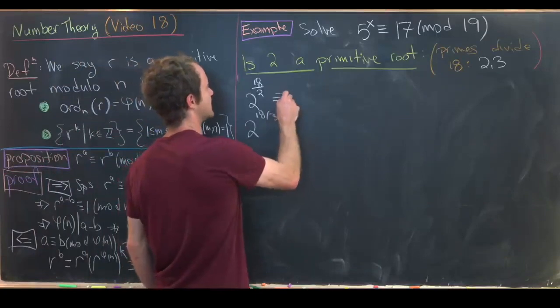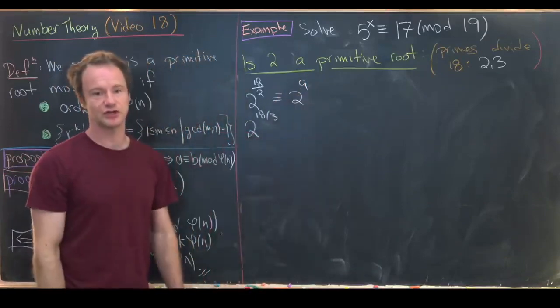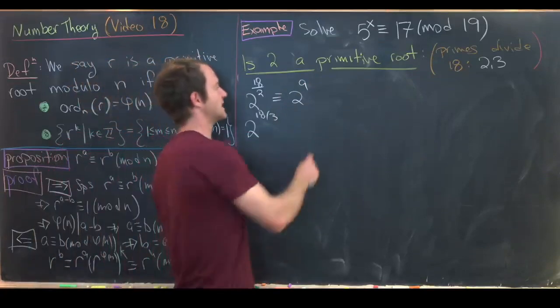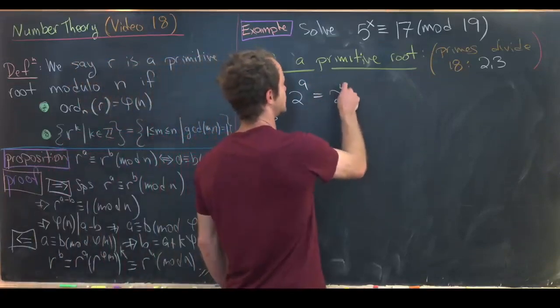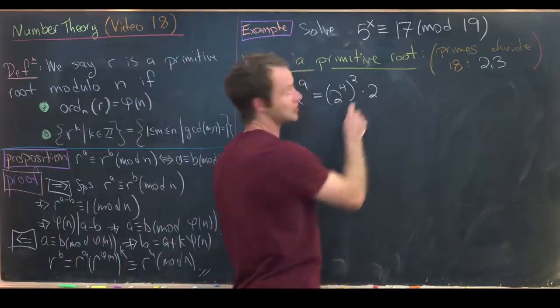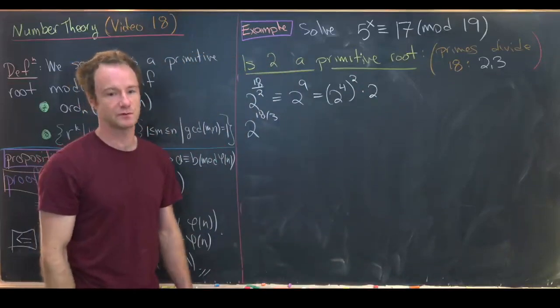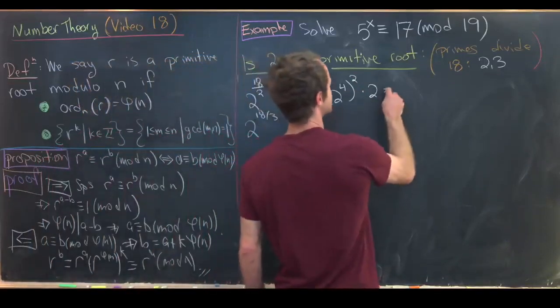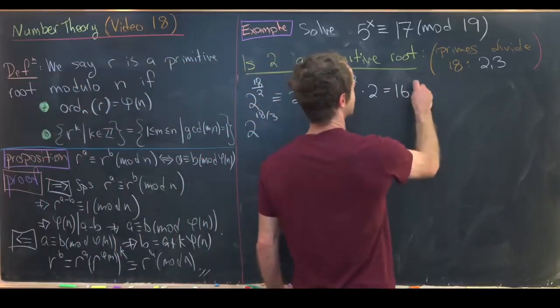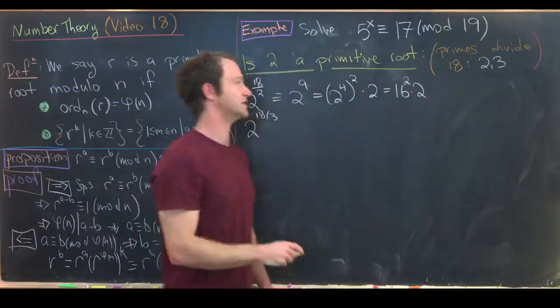So this one is 2 to the 9, because 18 over 2 is 9. Then we can calculate this as 2 to the 4 squared times 2 to the first power, just using exponent rules. So let's notice that 2 to the 4 is 16. So this is 16 squared times 2.